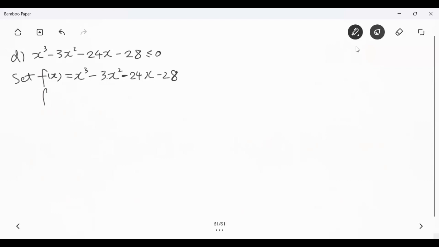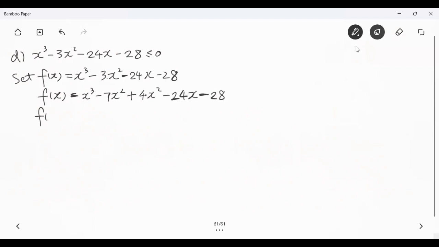Okay, so we try to separate the -3x squared into -7x squared plus 4x squared. Okay, and minus 24x minus 28.